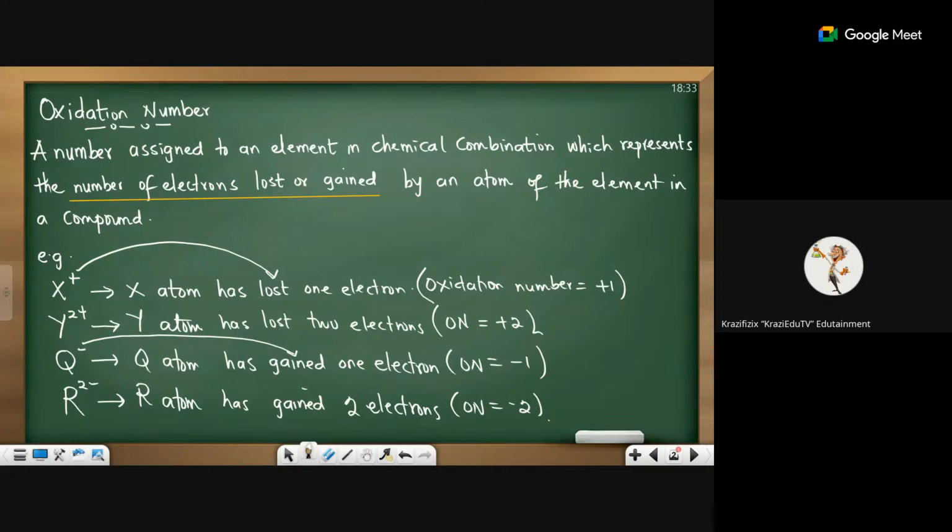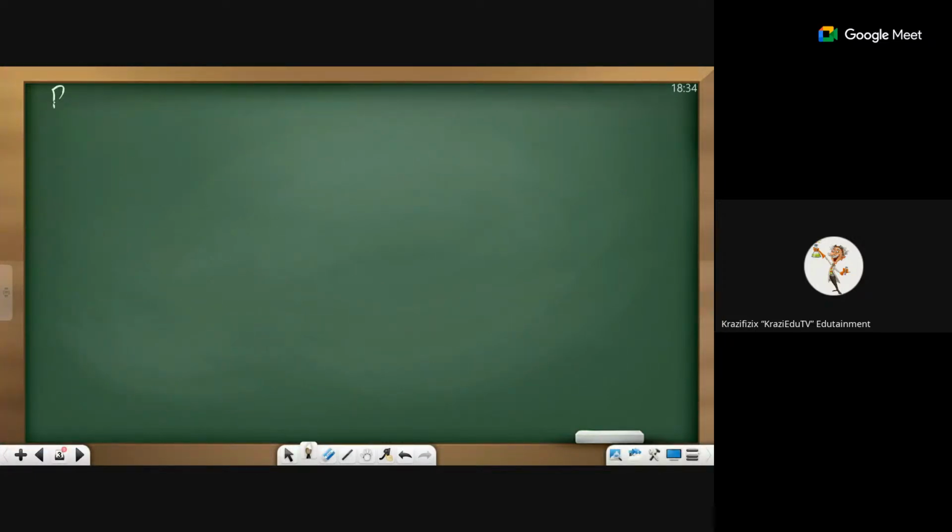The charge on an ion would simply tell us about its oxidation number. Now, let's quickly look at some important rules. Rules of oxidation number. About 10 of them that we need to know.